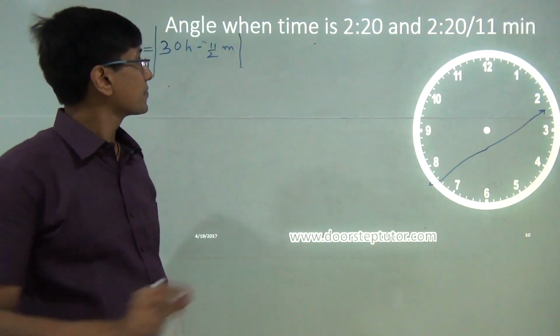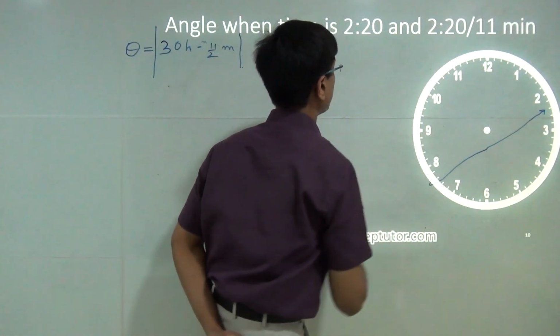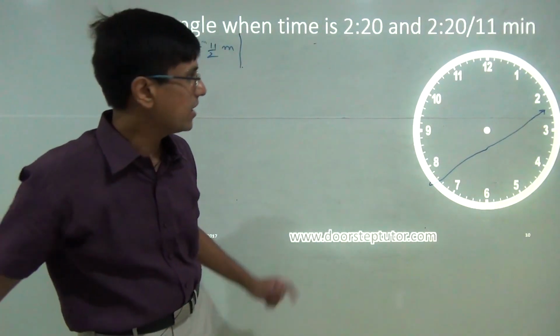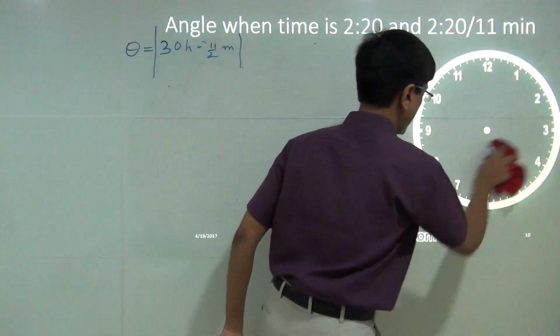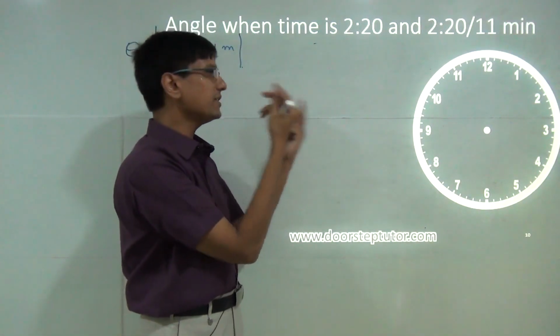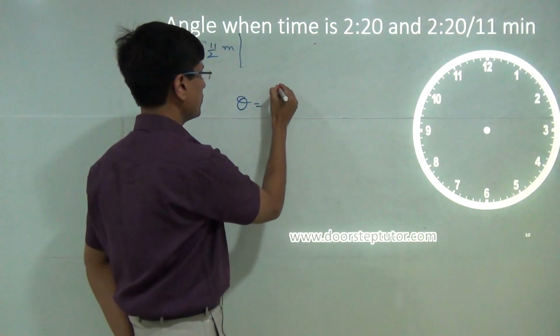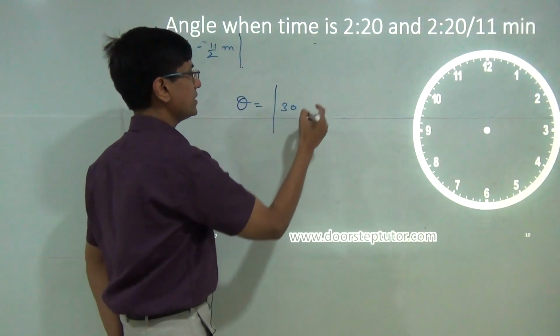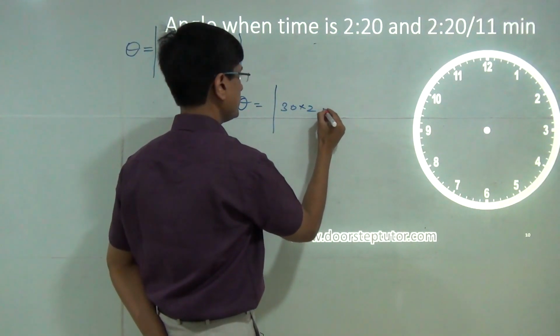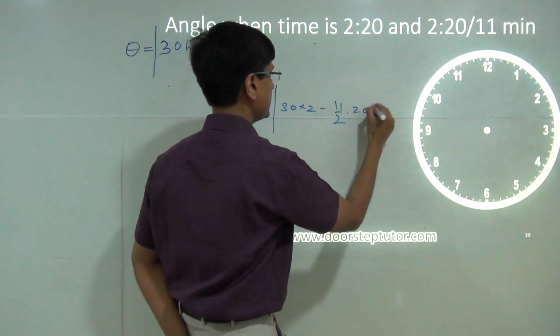Now here we are given two times, 2:20 and 2:20 and 10/11 minutes, and we are asked to find what the angle would be at these times. Of course, with our newfound formula, this becomes an absolutely simple job. Theta is equal to 30 times h, which is 2, minus 11 by 2 times m, which is 20.